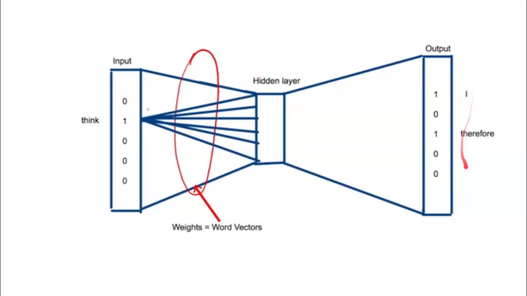Once the training of the neural network with a large amount of data is done, the hidden layer is ready to use as a word embedding. This is a brief explanation of how to generate a word embedding using the Skipgram method, a prediction based approach.